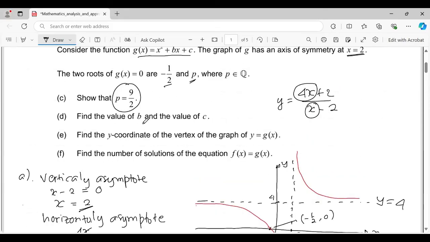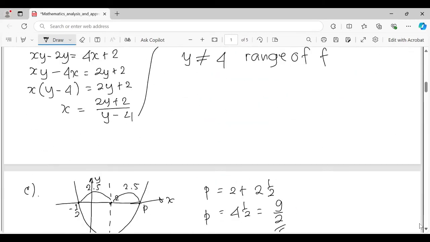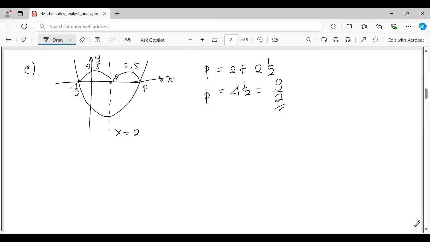Find the value of b and the value of c. Okay. The intercept points between this graph and the x-axis are minus half and 9 half.